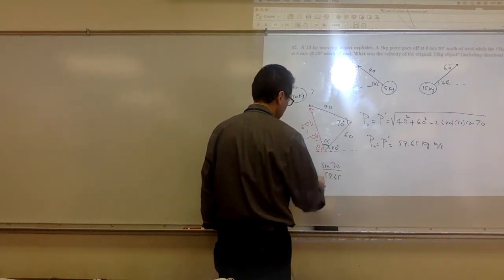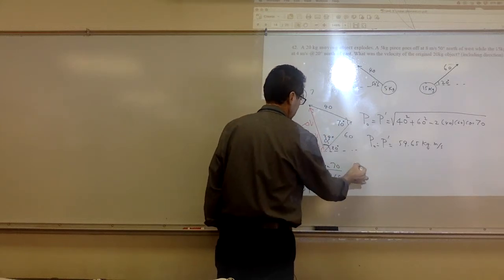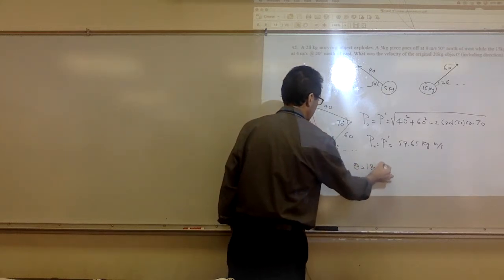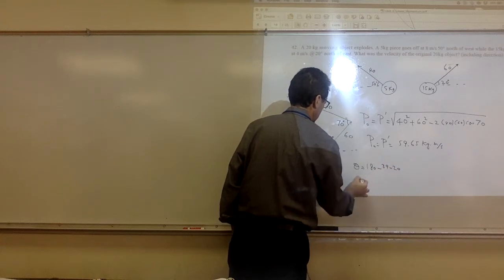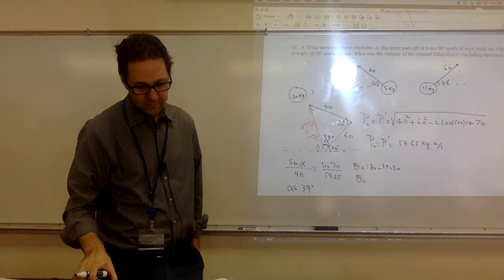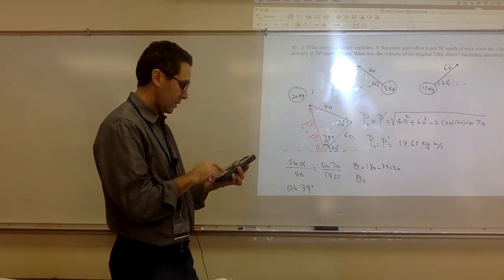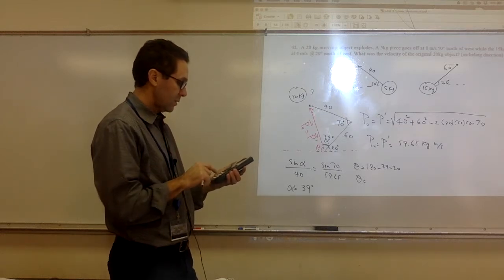All right, so if this is 39 degrees here, then this angle theta here is 180 minus 39 minus 20. So what is that going to be? 180 minus 39 minus 20.